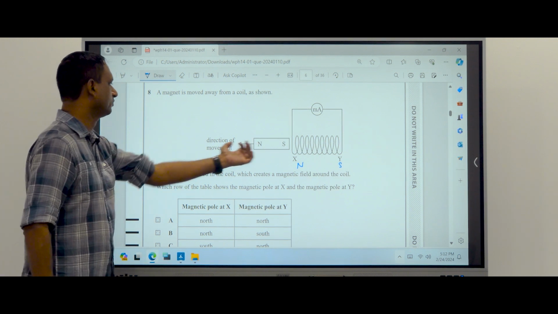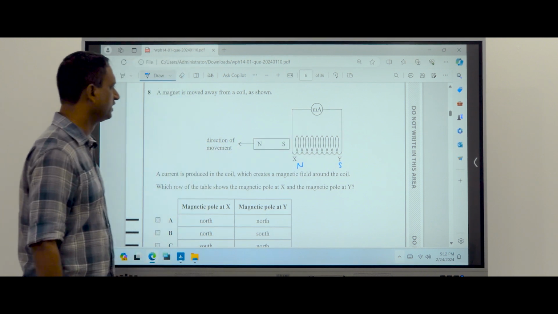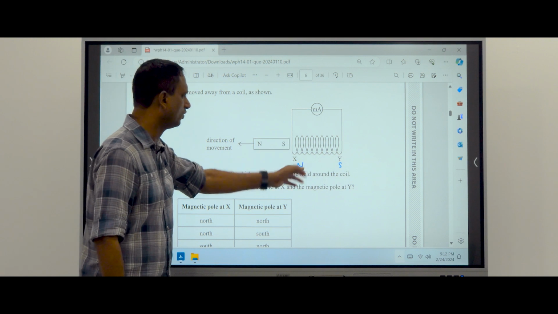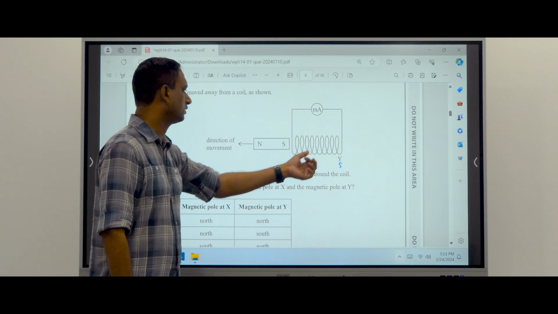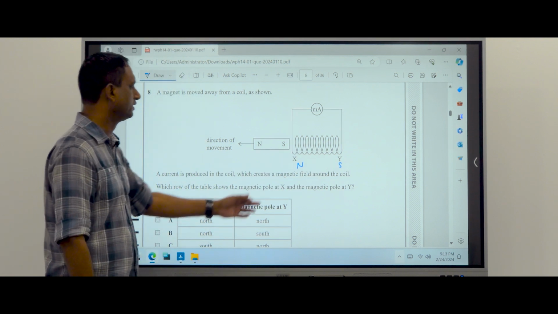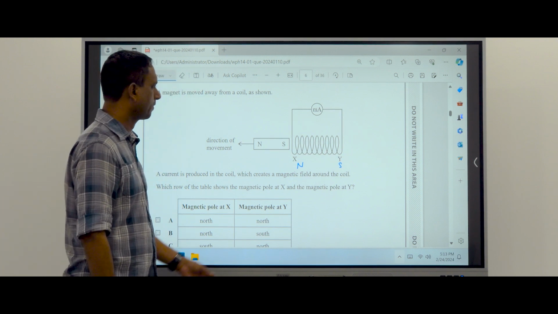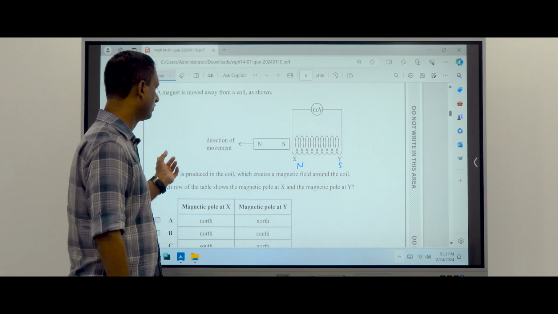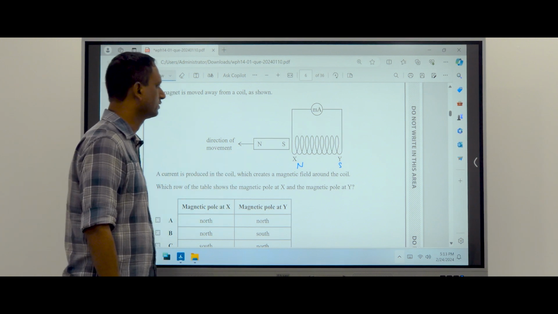Yeah, the magnet is moving away, then EMF is induced and current is formed. When current flows, the coil will be magnetized. This is decided by the direction of movement of the magnet.